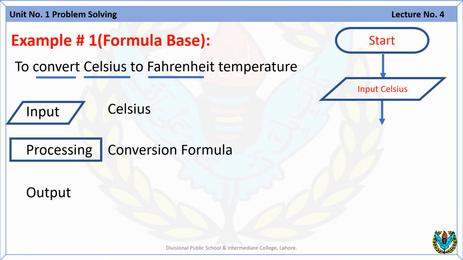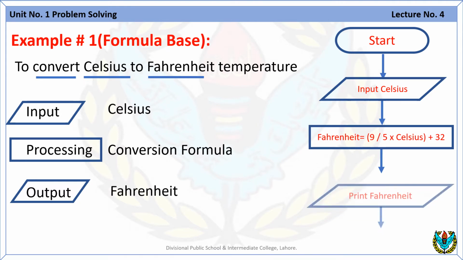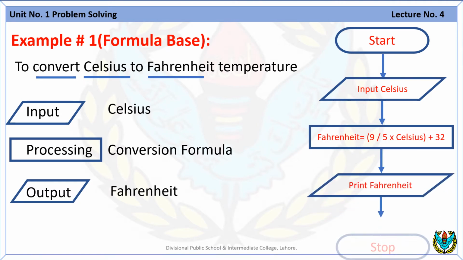We put the formula of conversion in the processing symbol, and at this stage Celsius will be converted into Fahrenheit. So after processing, the final result will be displayed in output symbol as a value of Fahrenheit. And finally, we stop the flowchart with the terminal symbol.